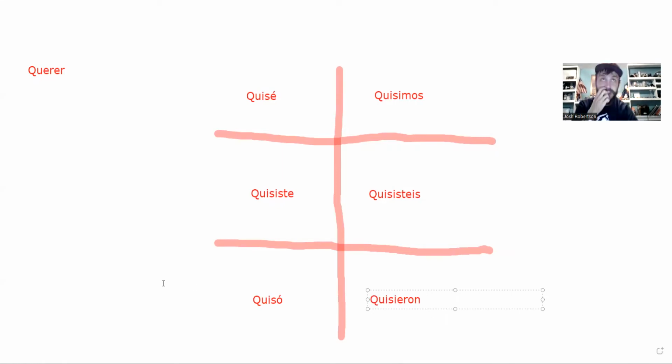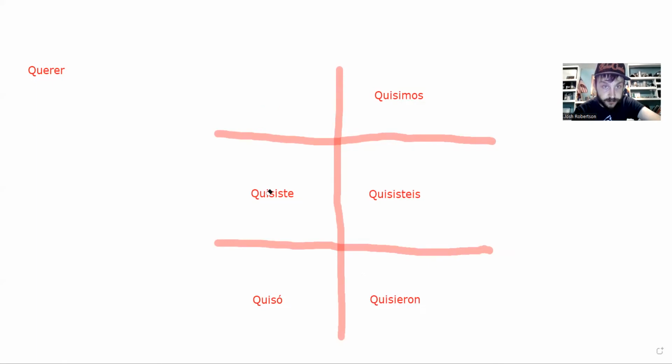See that? So in the preterite indicative, querer is conjugated yo quise, tú quisiste, él, ella, usted quiso, nosotros, nosotras quisimos, vosotros, vosotras quisisteis, ellos, ellas, ustedes quisieron.